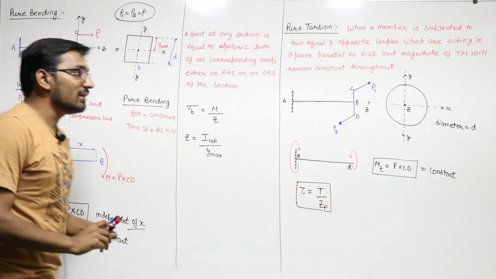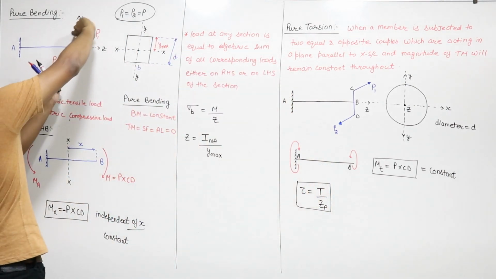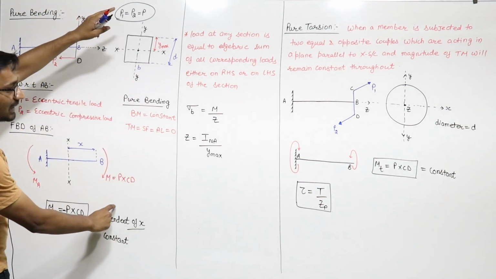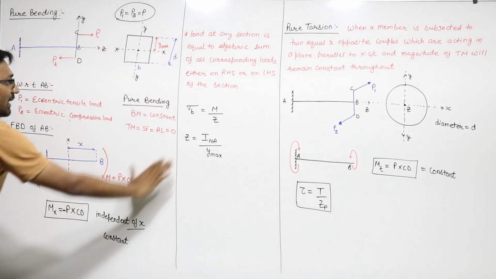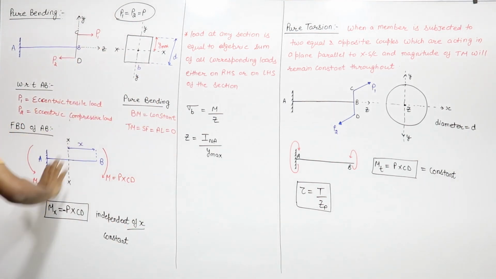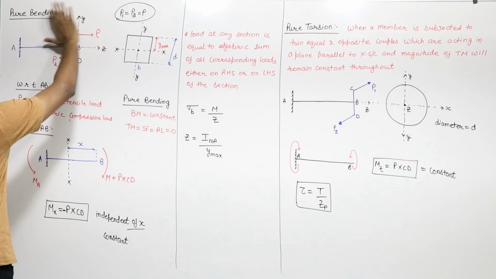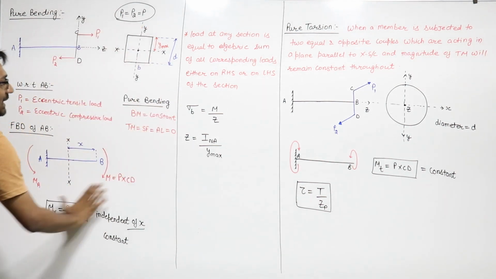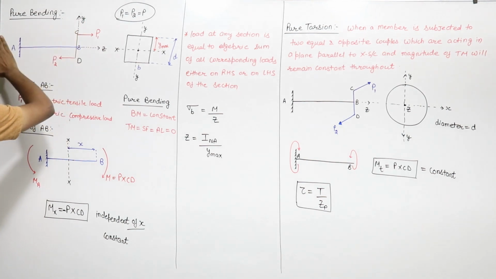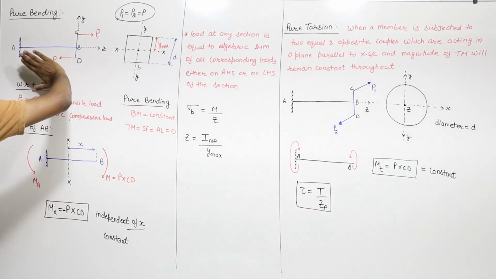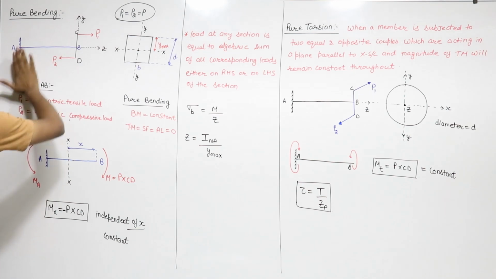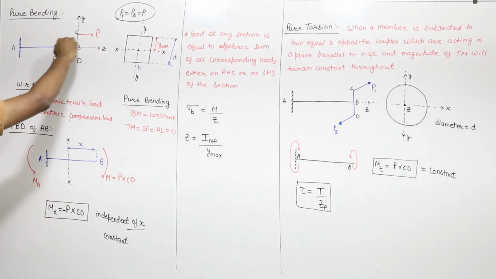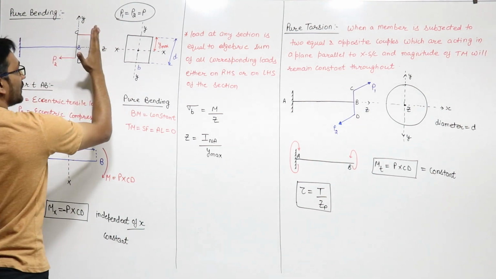So the loads P1 and P2 will give us a couple in this direction, in the plane of this board. This P1 and P2 will give us a couple in the YZ plane, which is along the longitudinal axis and perpendicular to the cross section.